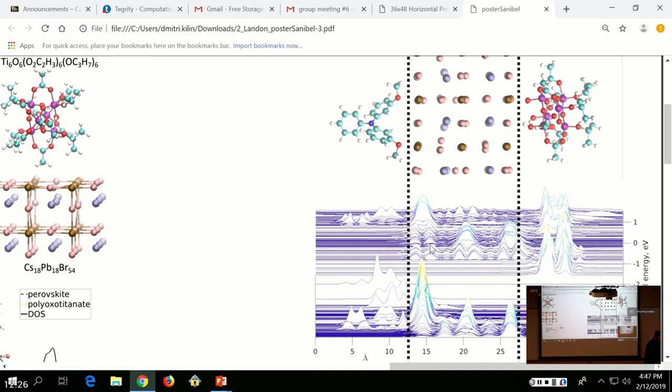I took 100 states below the HOMO and 100 states above the LUMO, and integrated out 2 dimensions so that only this dimension is left, and plotted their densities in here.